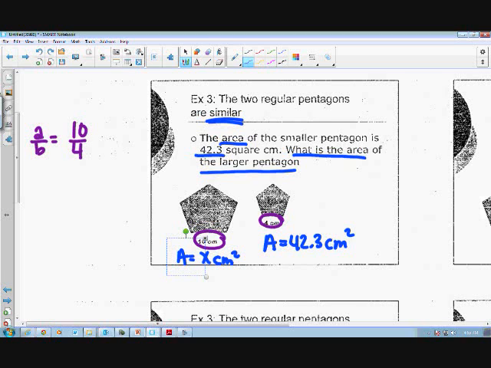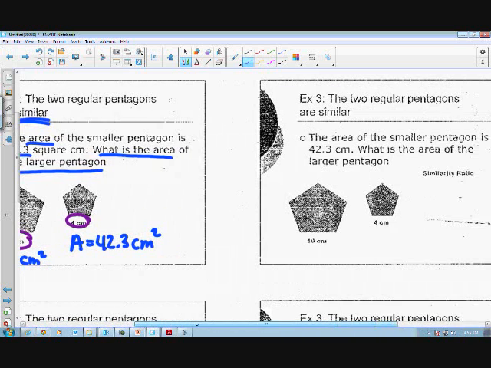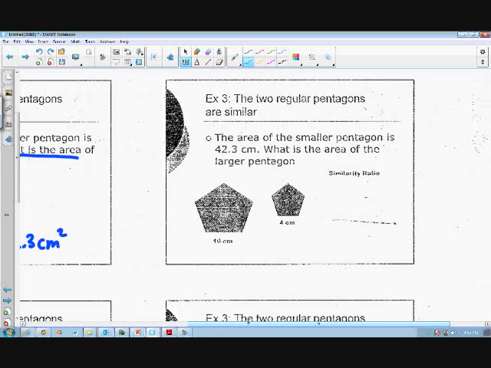And what does 10 over 4 simplify to? 5/2. Okay, go to the next box. Similarity ratio, we have it right here. 10 over 4 equals 5/2. That's the similarity ratio. Now we know that the area would be squared. 5 squared, 2 squared, if we had the perimeter.